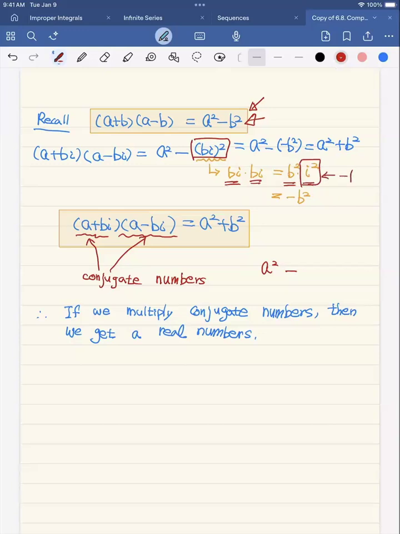So we have minus b squared. So a squared minus minus b squared is a squared plus b squared. So this is an important formula. Instead of being a squared minus b squared, if we multiply the conjugate numbers, then it becomes a squared plus b squared.